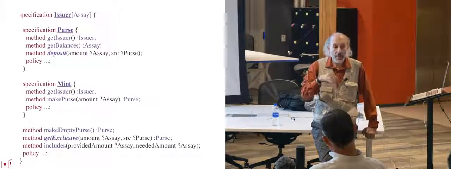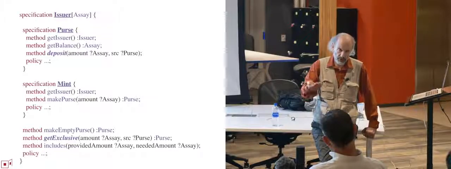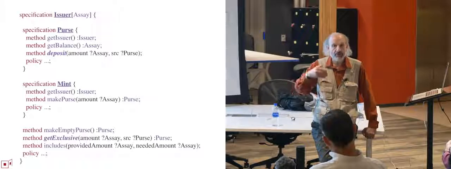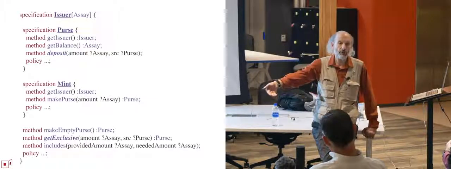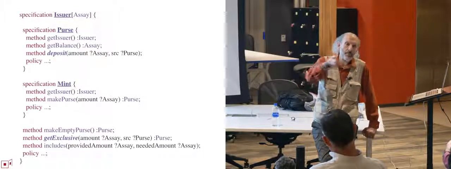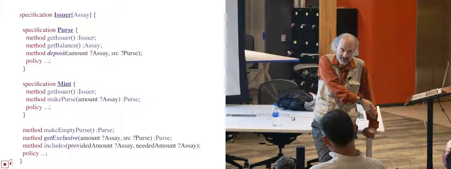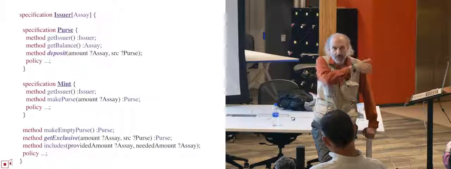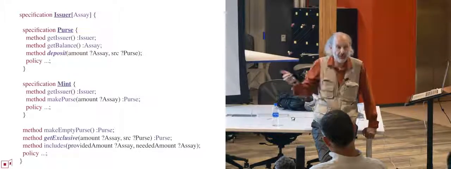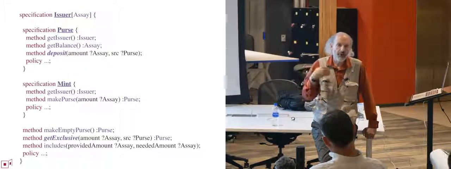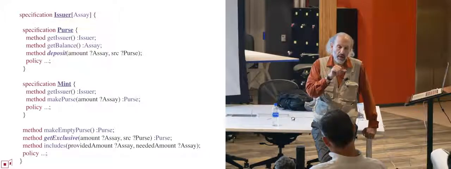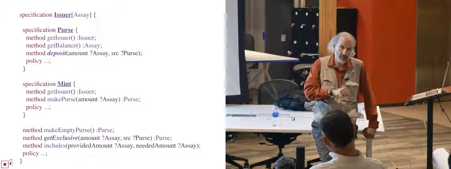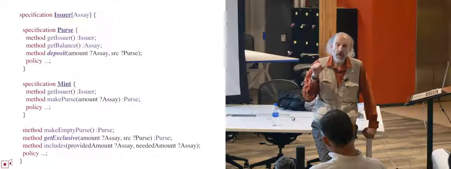It's very bad at reasoning about necessary conditions. Because to say, if the total amount of currency was increased, then somebody must have called the mint, you can only reason about that in normal Hoare logic by doing an induction over all of the things you've specified. So what we've done is extend the Hoare logic to be able to speak compactly about necessary conditions as well as sufficient conditions.